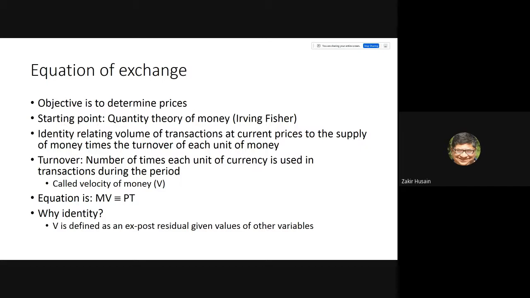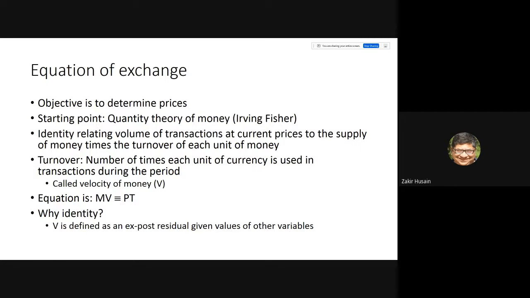In the classical case, however, let's see how prices are determined. The starting point in the classical case is the quantity theory of money, which was developed by Irving Fisher in the first part of, I think, 1912 or so.